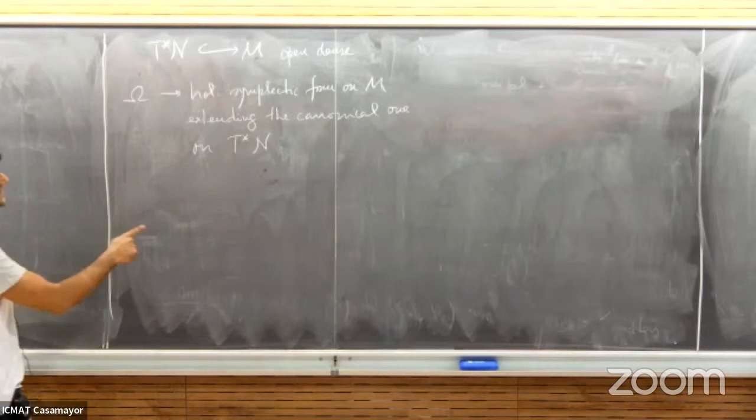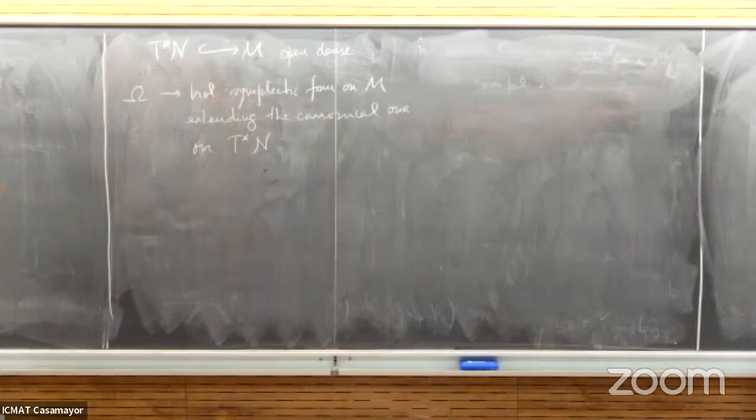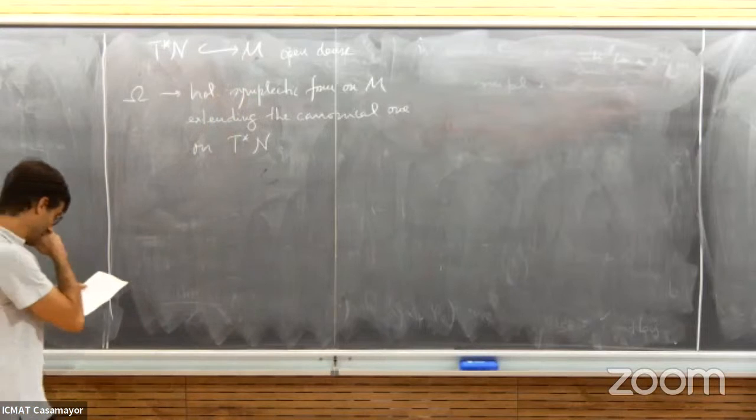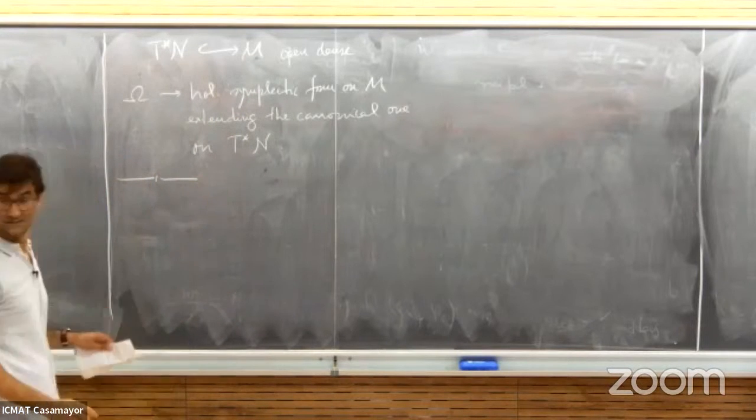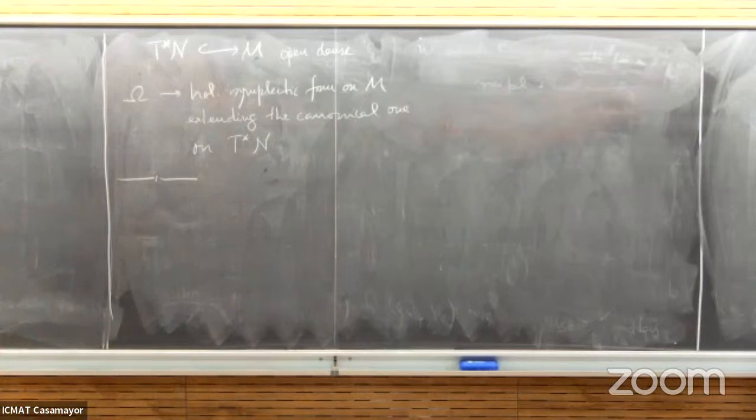So for instance, N is Lagrangian in M. I should say that this is everything on the smooth locus.